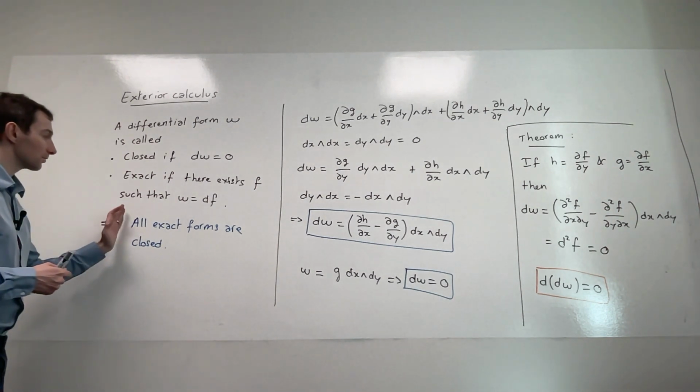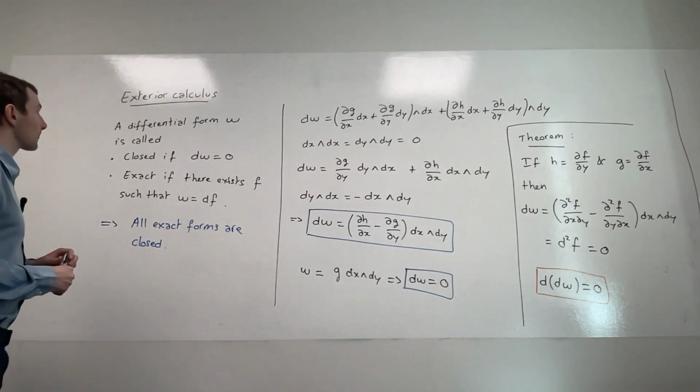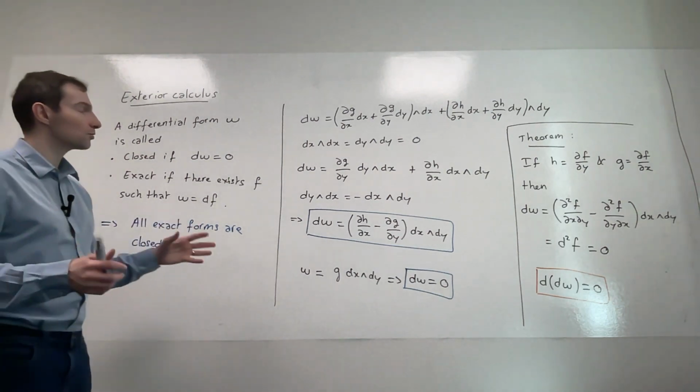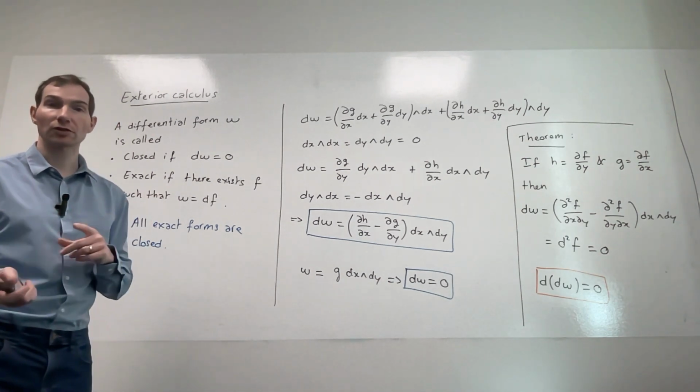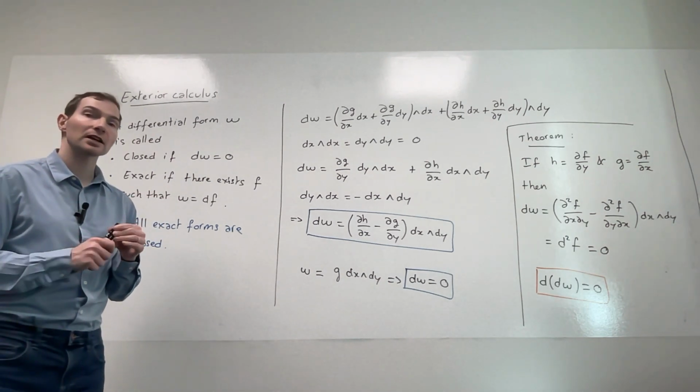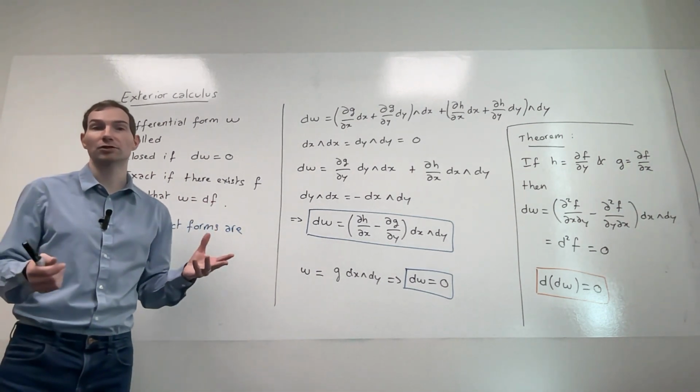Okay, so all exact forms are closed, but not necessarily the other way around. All right, so that's how you would use exterior derivative. And what we are going to do next time is actually see how this can be used to generalize basically the notion of integration.